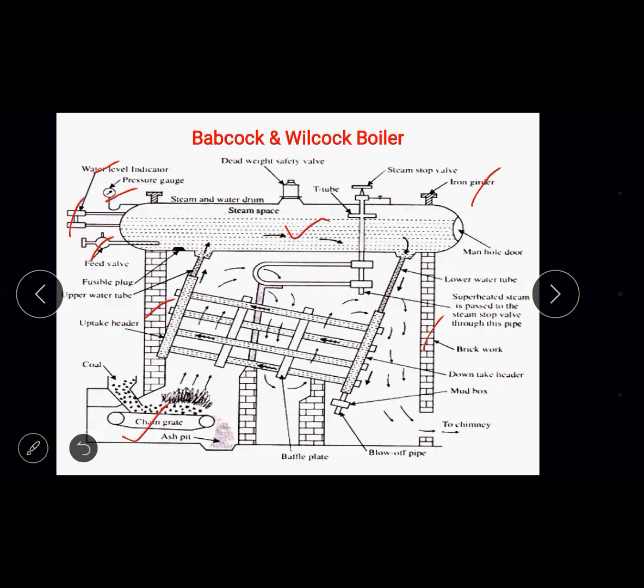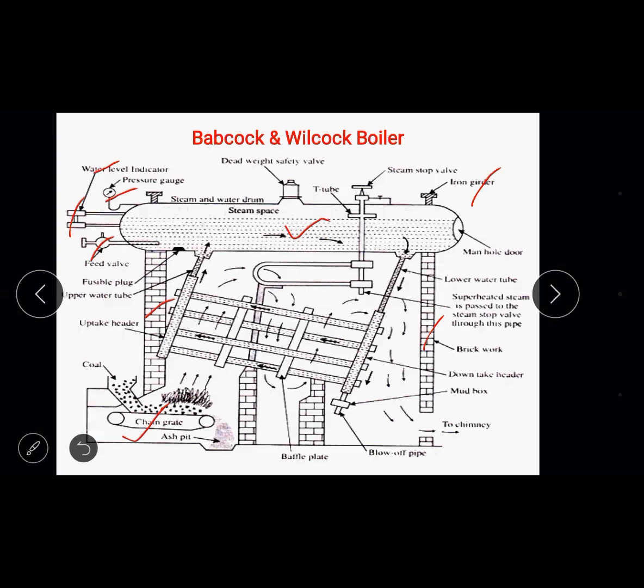With the help of the pressure gauge indicator, the pressure may be in the form of bar, or kg per centimeter square, or MPa, megapascal. Normally we find pressure gauges in kg per centimeter square. 1 kg per centimeter square is equal to 1 bar. Normally we find analog pressure gauges defined in kg per centimeter square.